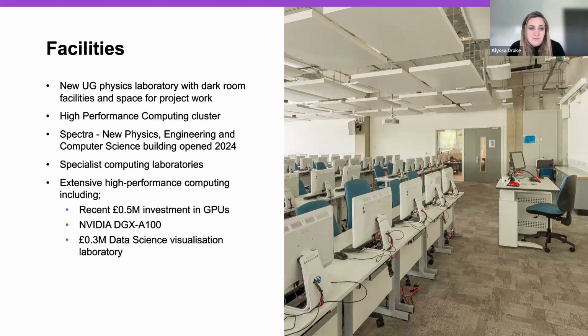As part of that facility, we've got new undergraduate physics labs with a dark room and plenty of space for project work. We're particularly proud of our high-performance computing cluster that's hosted at Herts and is managed very competently by members of the astrophysics group mainly.